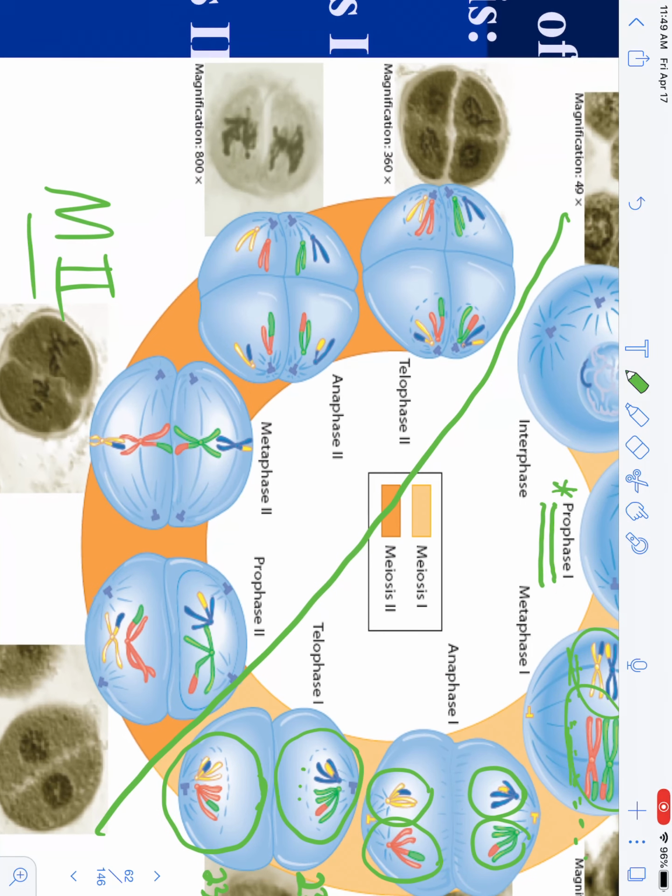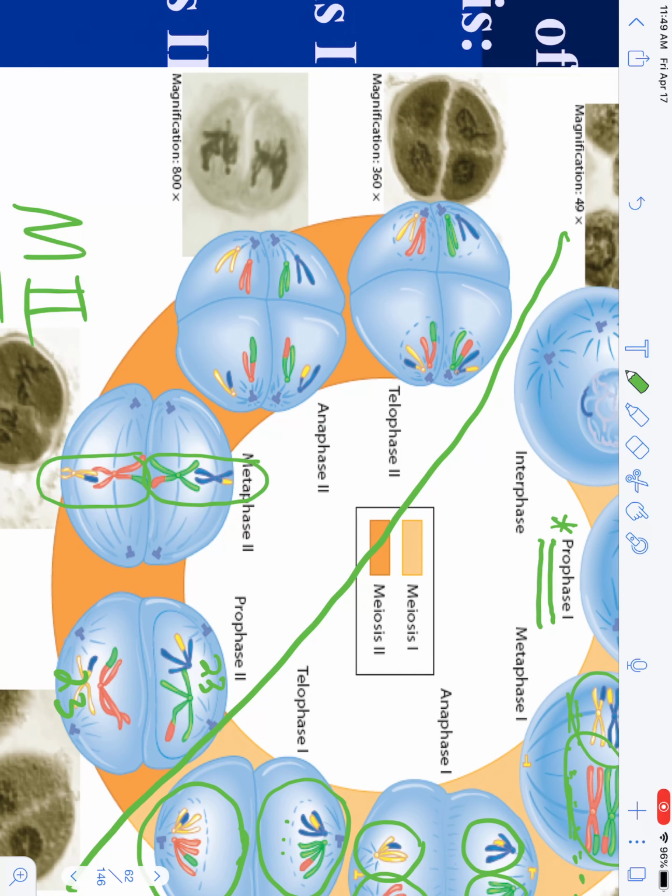All that happens in meiosis 2 is that we see those X-shaped chromosomes. There's 23 of them on each side in human terms in prophase. In metaphase 2, we line up those 23 chromosomes down the center, and in anaphase, we pull apart the sister chromatids.